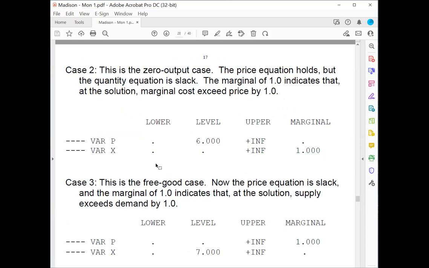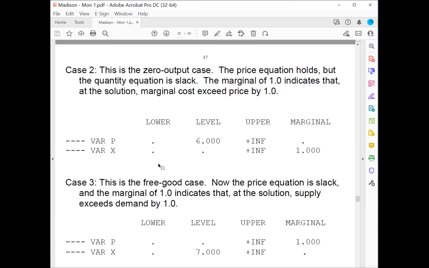The third case, case 3, is where we move the supply curve way down, and so it actually intersects the x-axis to the right of the intersection of the demand curve, where demand is 0. And here's what GAMS reports back. There's a positive supply of 7, but the price is 0.